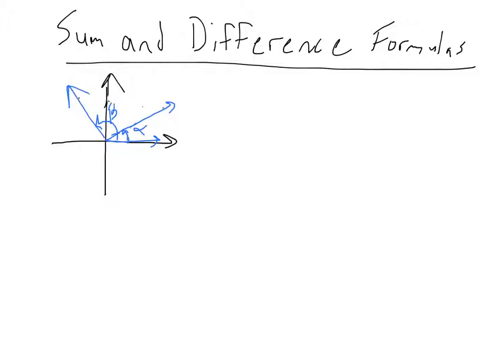So let's go ahead and draw the unit circle first. So here's my unit circle, and this is going to be a chord of the unit circle, which means it's going to run from this point over to this point right here.